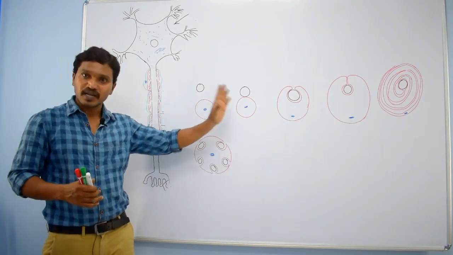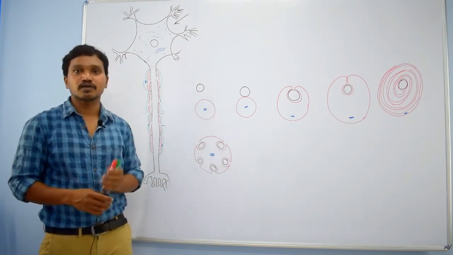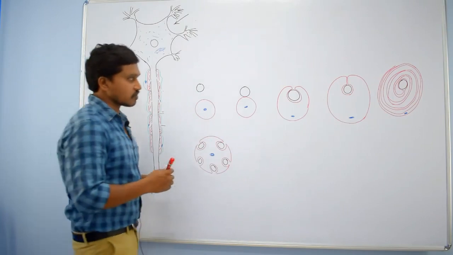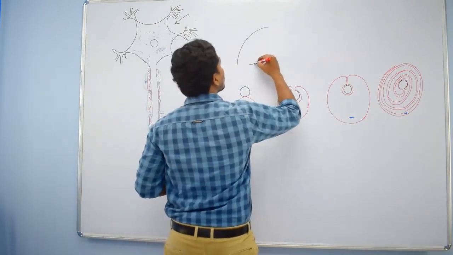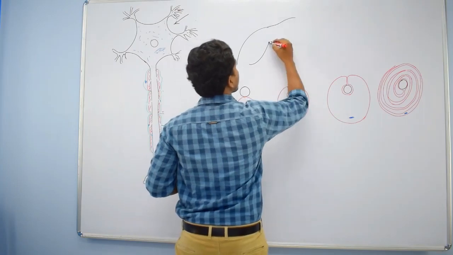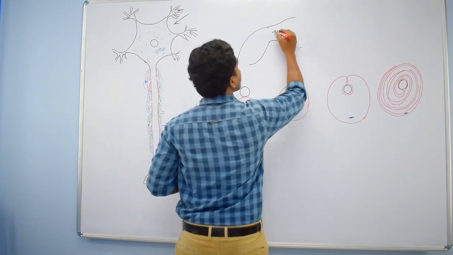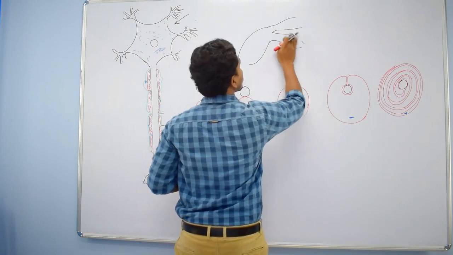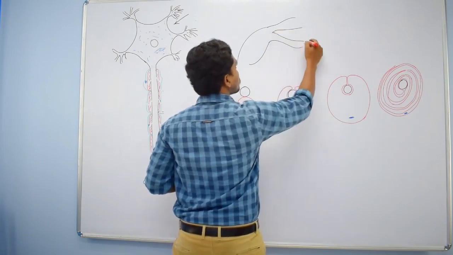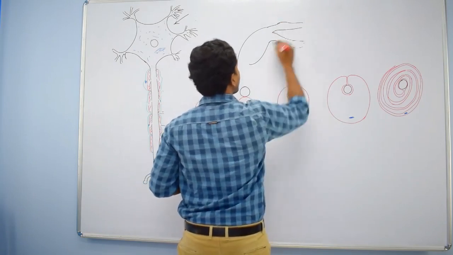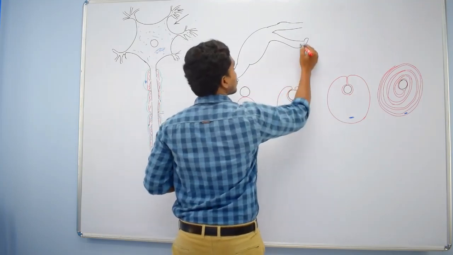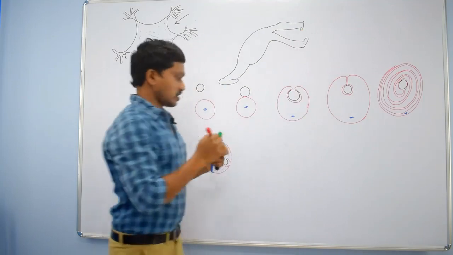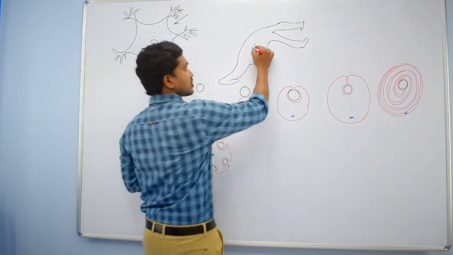Then how will myelination happen in the central nervous system? In the case of the central nervous system, I already told you, oligodendrocytes will be there. These oligodendrocytes have a few processes. Clear? So this is the cell body.